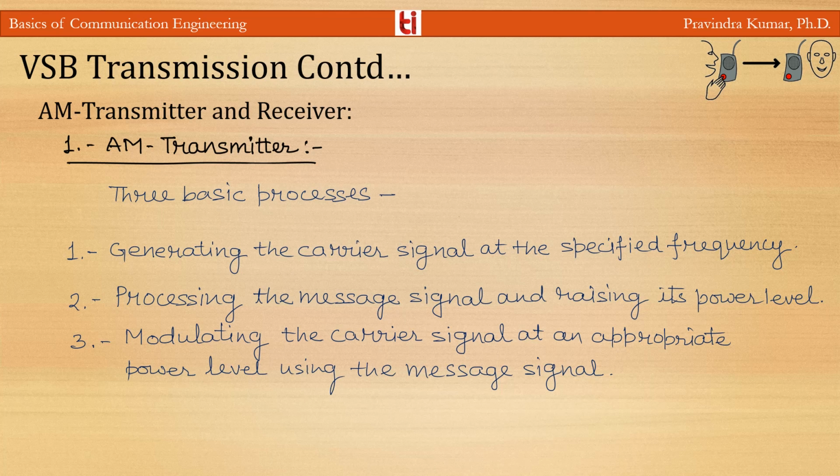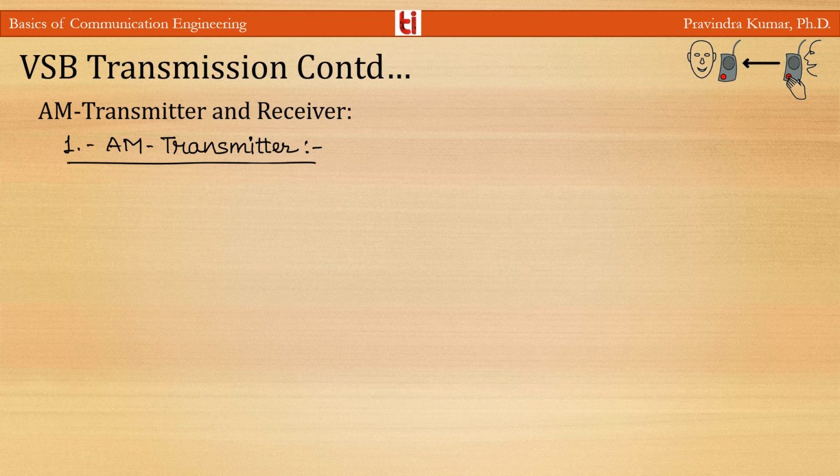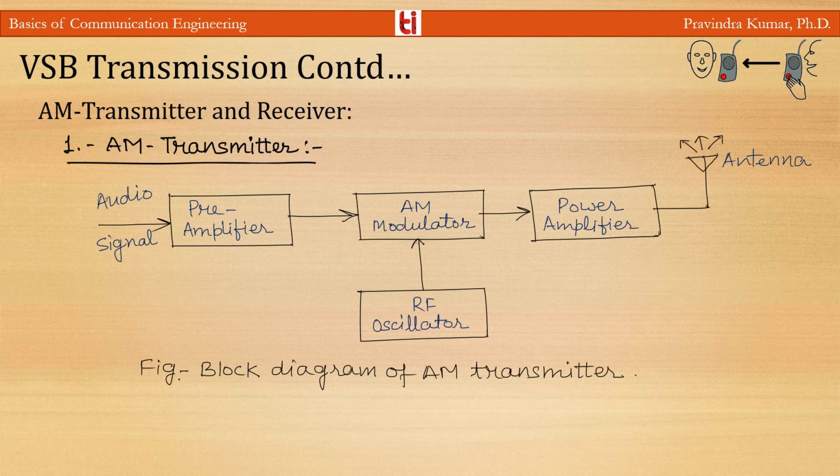And there is an antenna present at the end of the transmitter section to transmit the modulated signal. The AM transmitter takes the audio signal as an input and delivers an amplitude modulated wave to the antenna as an output to be transmitted.